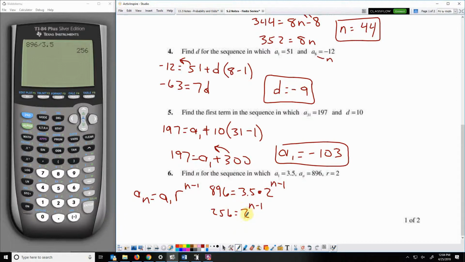Now I'm going to change that into log form because logarithms help me find exponents. So log, and the base is 2. The argument is 256, and the exponent is n minus 1. Back in the logarithm unit, we learned that in any calculator that has a logarithm button, we can do the change of base formula, log of the argument divided by log of the base.